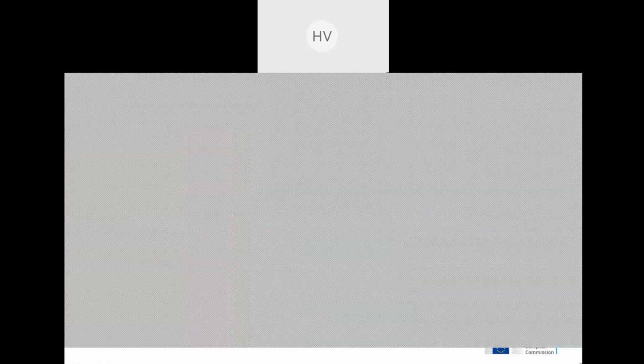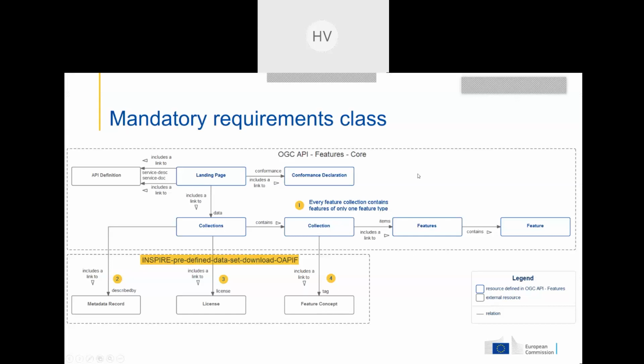So there is one mandatory requirements class within Inspire. Four main things here. The first one I already mentioned, that a feature collection contains features of only one feature type. Second thing important to know is that the link to the metadata records is required.